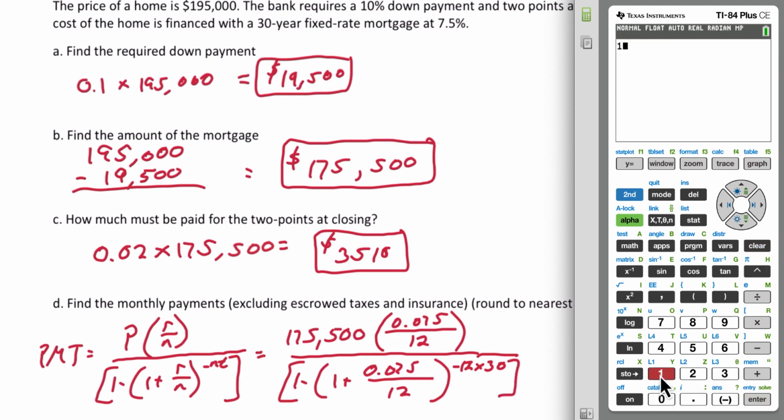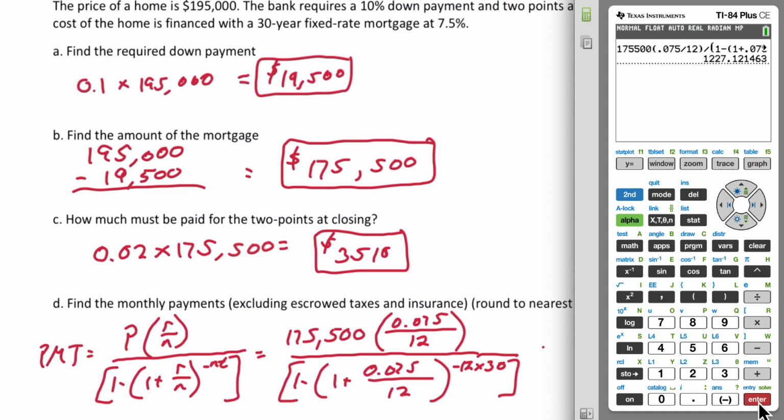In the calculator, we have 175,500 times 0.075 divided by 12, close that off, divided by, open parenthesis, 1 minus, open, 1 plus 0.075 divided by 12, close your parenthesis, raise it to the negative 12 times 30, and we get 1,227.